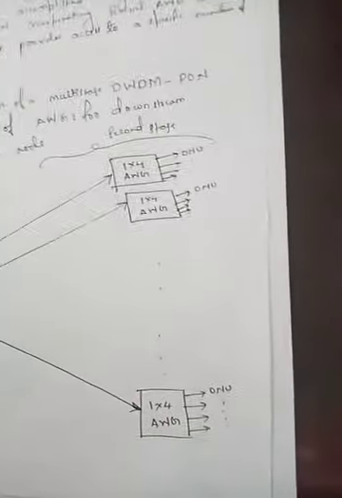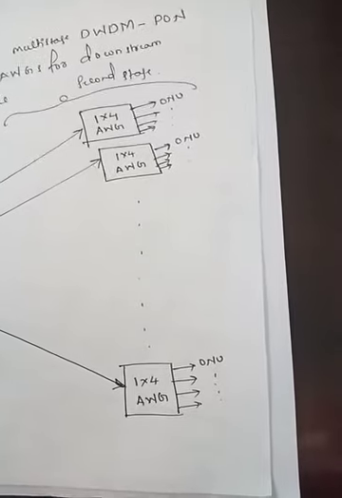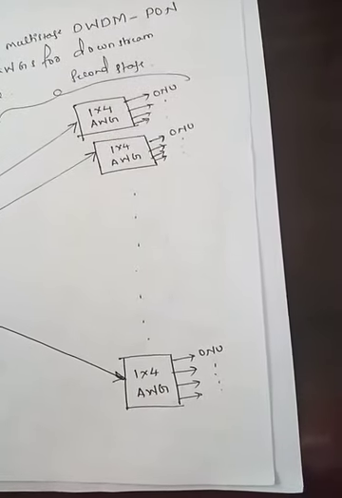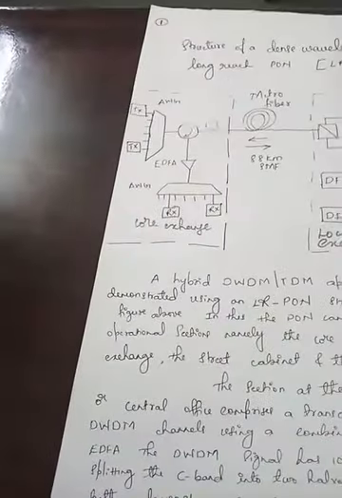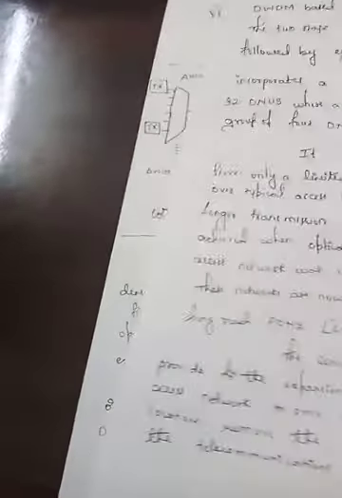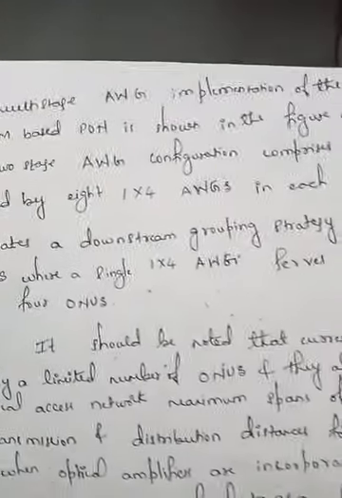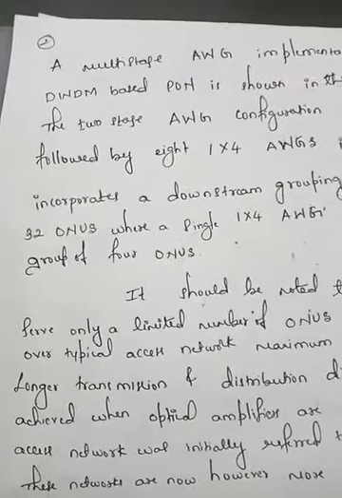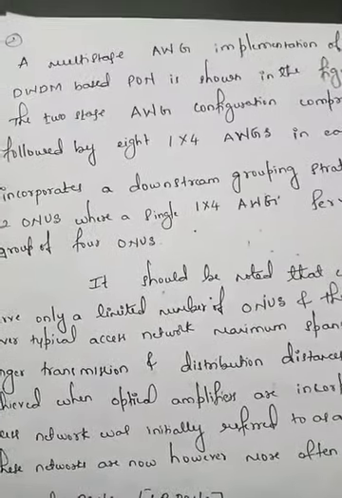The second stage consists of 1x4 AWGs which are connected to the optical network units, ONU.